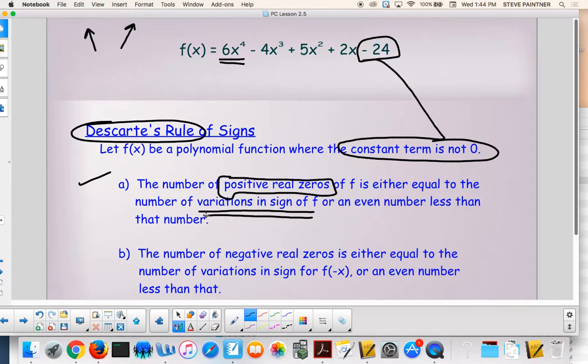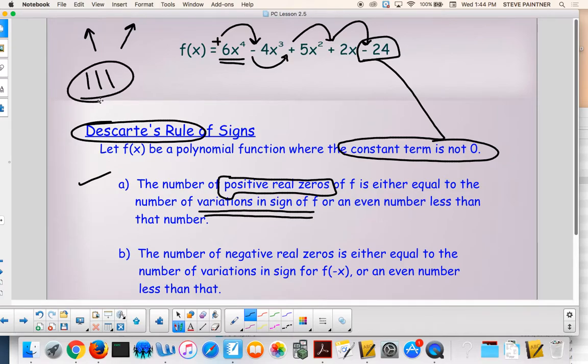Look up there. This is positive. What's the next one? So did it change signs? Yes, it did. 1. Negative goes to what? Did it change signs? Yeah. Positive goes to positive. Did it change signs? No. Positive goes to negative. Did it change signs? Yeah. So, see that number? 3.